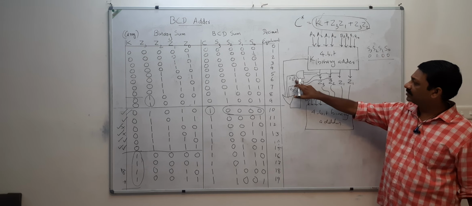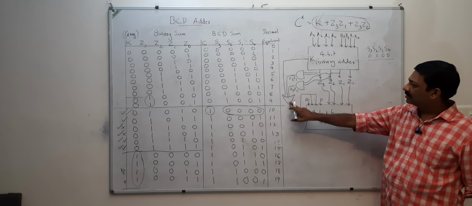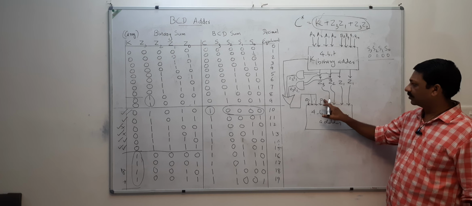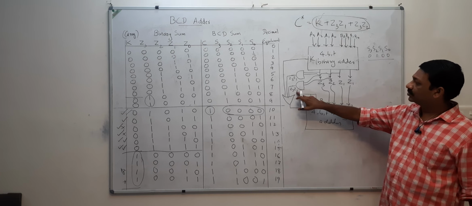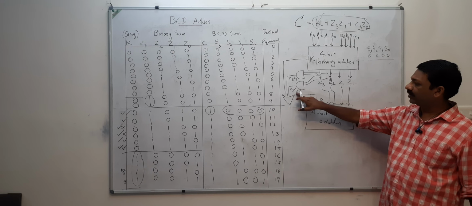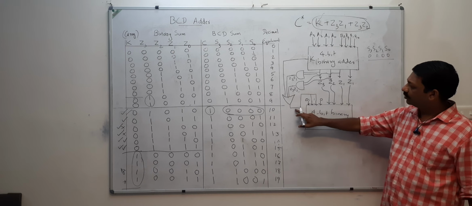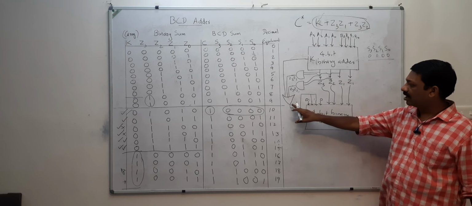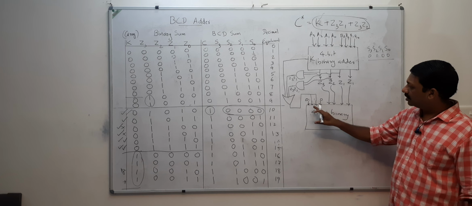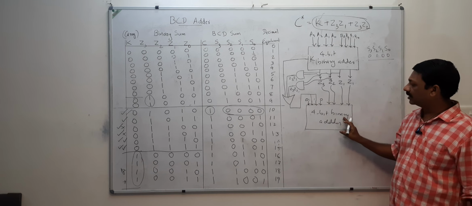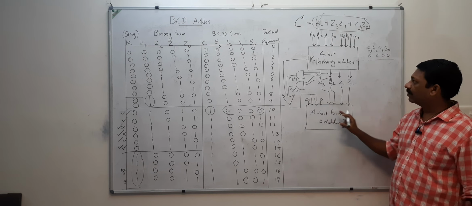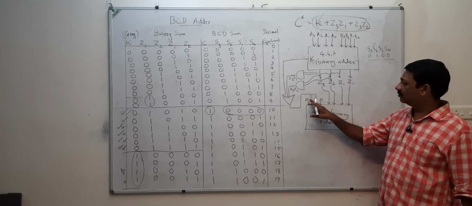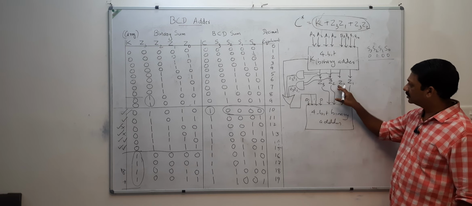If Z3 Z1 is equal to 1, again this is an OR gate, and using this OR gate it is 1, that means this is 0 1 1 0, and if Z3 Z2 is equal to 1, again this will be 1, and for all these three cases it will generate 0 1 1 0. The output of this will be 1, and the input given to this 4-bit binary adder will be 0 1 1 0. For all other cases, the input to this will be 0 0 0 0. That means this is just bypassed.